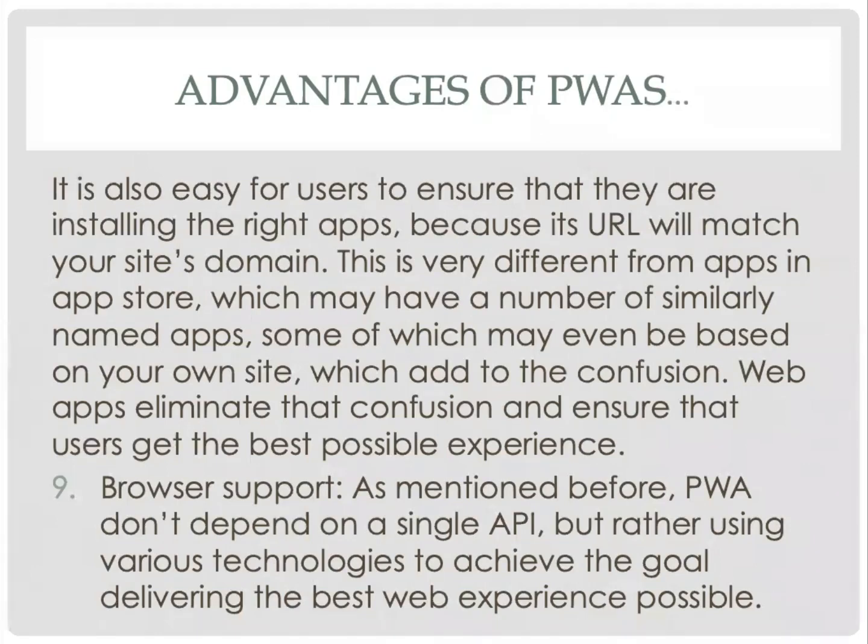That domain, or its URL, is what will be taken for a small icon shown after you have installed the application on your mobile. So the confusion is eliminated, because there's no possibility of these names matching.